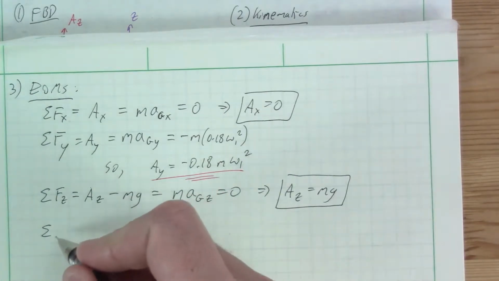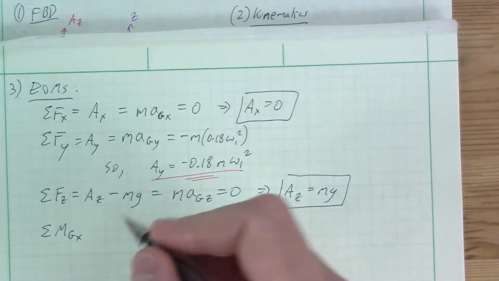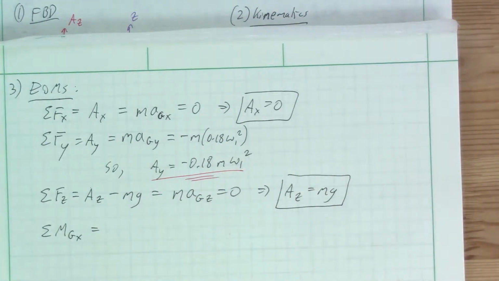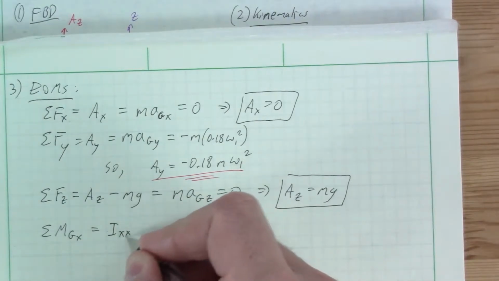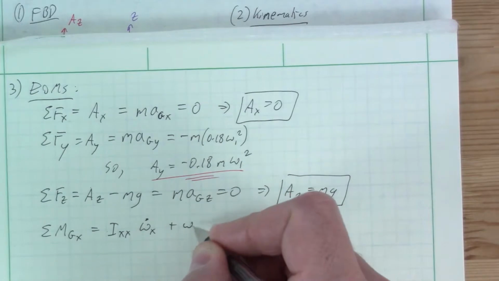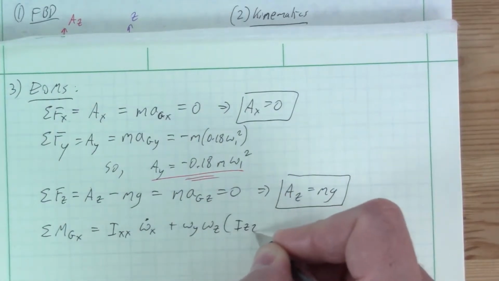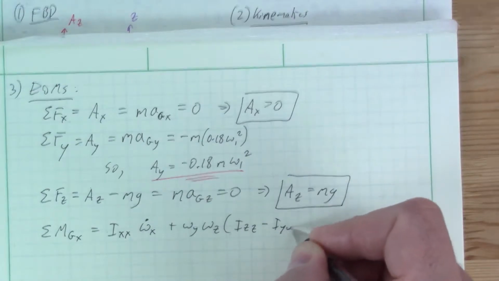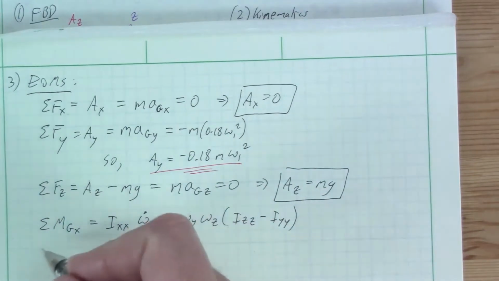What they say is that the sum of the moments about G in the x direction equals, and because we're in the principal frame, we have a shortened version of that longer one, Ixx omega dot x plus omega y omega z times Izz minus Iyy. Let's write them all out to be complete before we go any further.